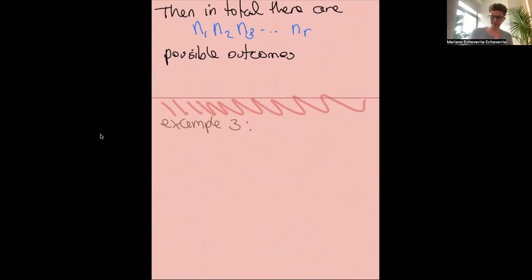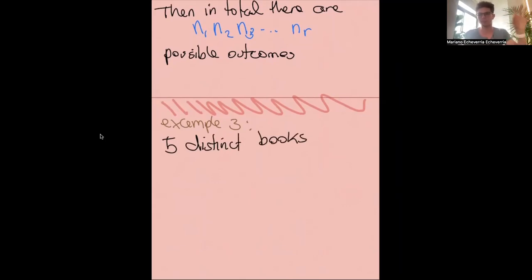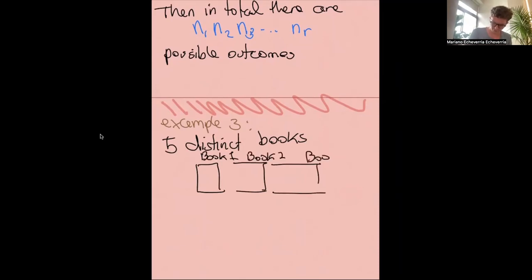So let's say I have 5 books, they're all distinct. So you can think of it as a ranking. I'm just going to decide what's the first book, the second book, and the third book on the shelf. So I'm going to put book 1, book 2, book 3 on the shelf.